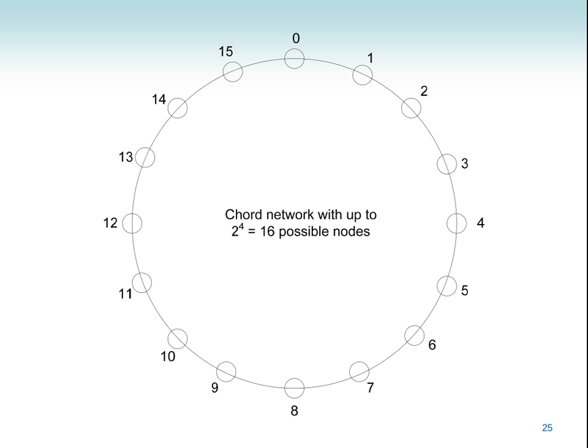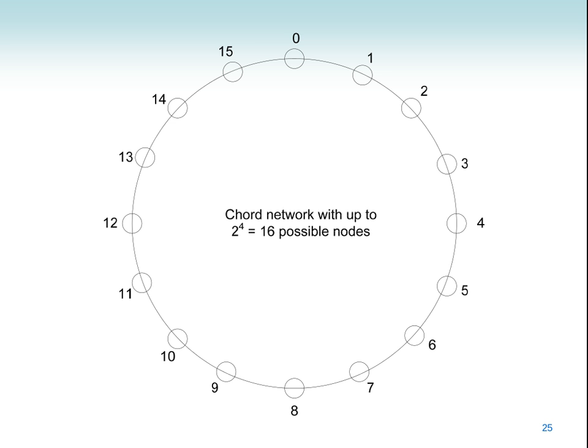So from the perspective of node 0, to reach node 5, of the 4 that we have as an option, 1, 2, 4 and 8, the closest should be 4. So the key space that node 4 maintains will include 5, 6 and 7. And similar for node 8 through to 15.